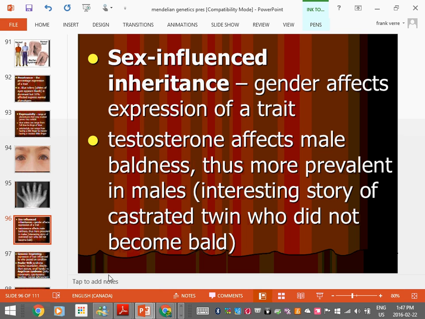So, there was a study, not a study, more like a case. There were identical twins. And one was castrated and the other one was not. Now, the one that was castrated didn't go bald.